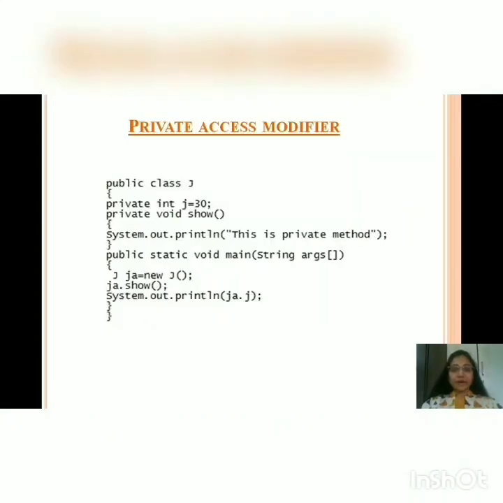This is another example of the private access modifier. Here class J is public, integer j is private, and as we are accessing it in the same class, access of variable j is allowed and method show is also allowed, as it is in the same class. So if I run this program, I will get the output: this is a private method and the value of variable j, which is 30. Let's see.